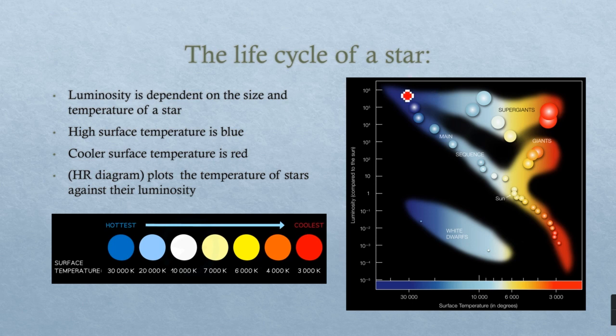So a very large, very luminous star would probably be large and blue, and then a less luminous one would be a red giant, as its red color indicates less temperature, or a cooler temperature. So this HR diagram plots the temperature of stars versus their luminosity, and then we can observe that the main sequence stars like the sun follow a certain trend, which we call the main sequence here.